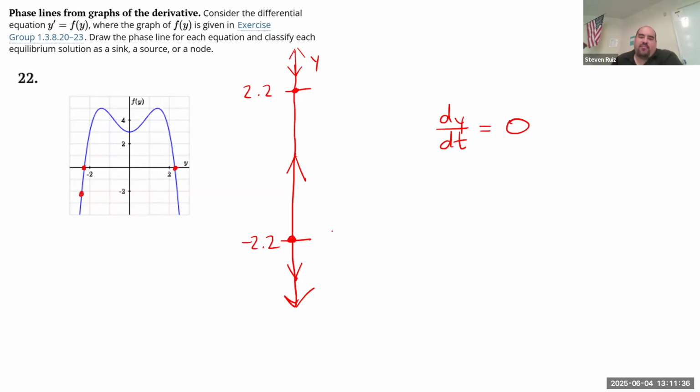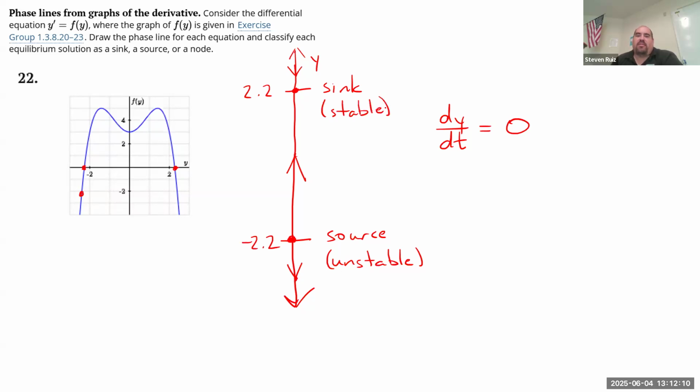That is the definition of a source, or equivalently, a point that is unstable. Our other point has the exact opposite behavior. No matter on which side of 2.2 we deviate from, we will trend back to 2.2. So this is a sink, and it is stable.